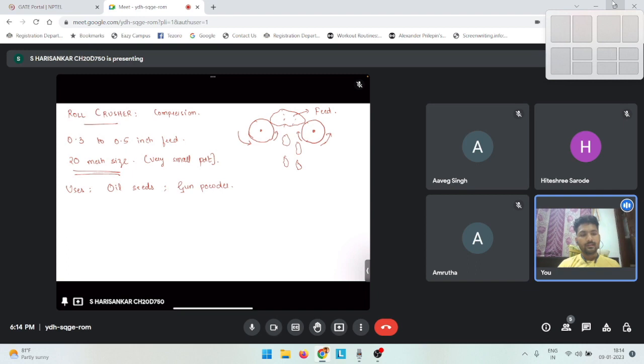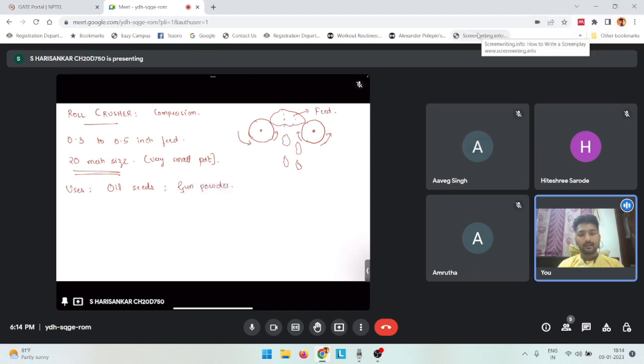And typically the feeding range is between 3 to 120 tons per hour. This is just some basic specification with regards to the roll crusher.